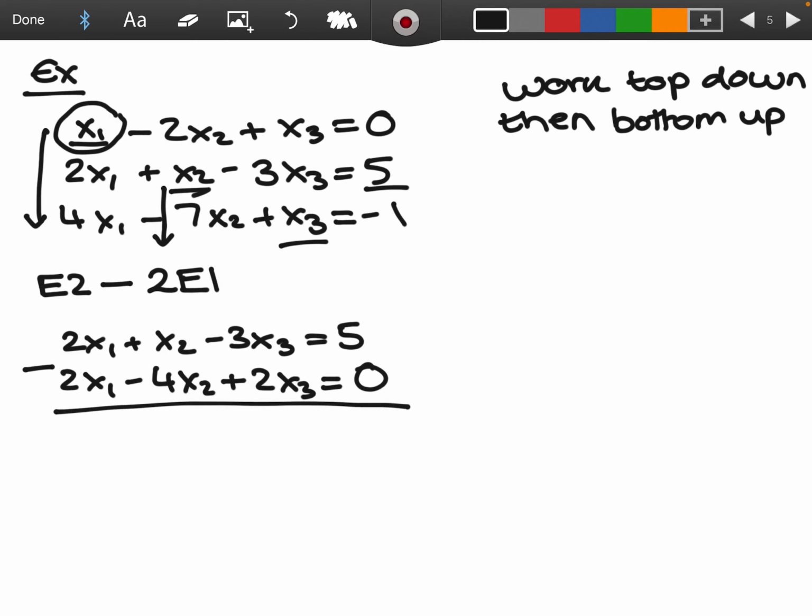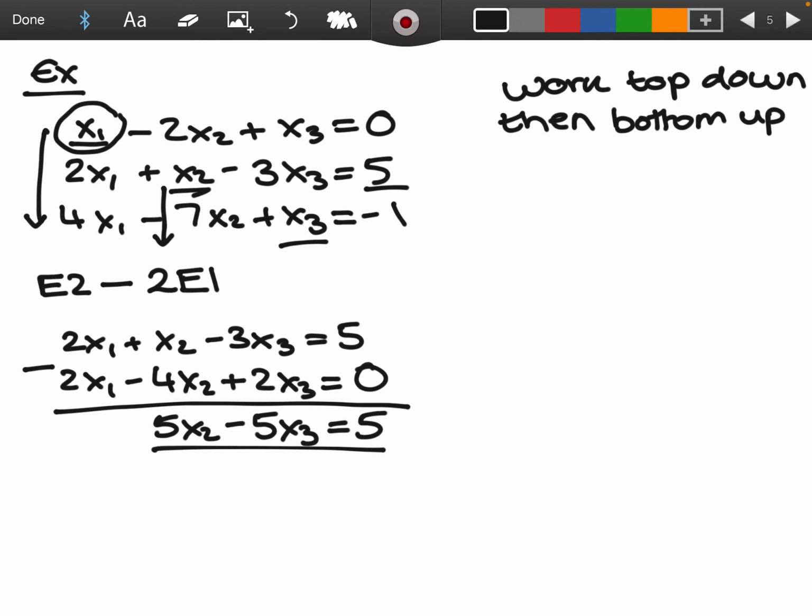When you do that, I'm going to end up with no x1s, because 2x1 minus 2x1 is 0. Then x2 minus negative 4x2 gives me 5x2. And then negative 3x3 minus 2x3 is negative 5x3. And then 5 minus 0 is 5. So I am now going to replace my second equation with what I have found here.